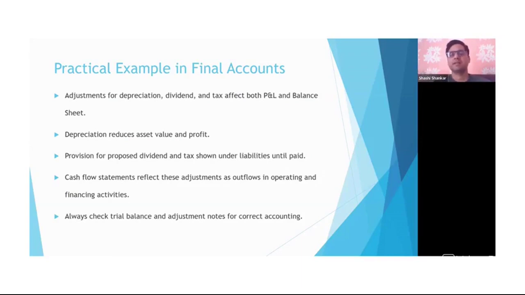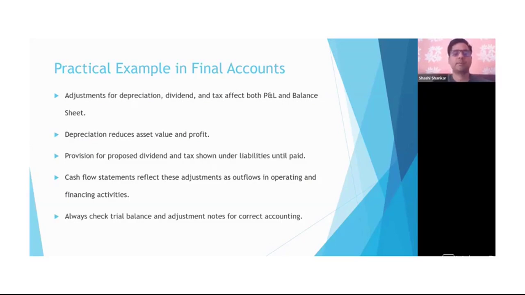If it is dividend, it is reduced as far as losses or provision for depreciation are concerned. So depreciation reduces both asset value and profit, because provision for depreciation is required and it should be written off. On one side it reduces the value of the assets, and on the other side, to create the provision, the profit must be reduced.